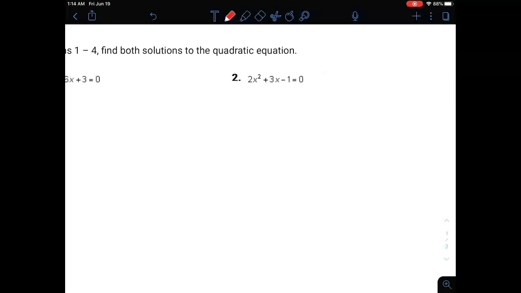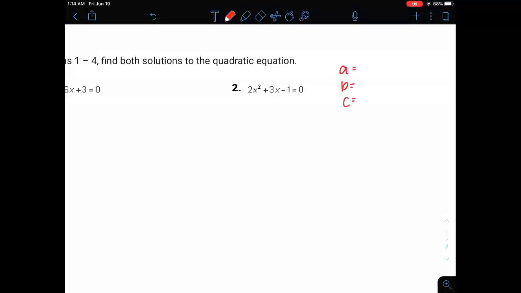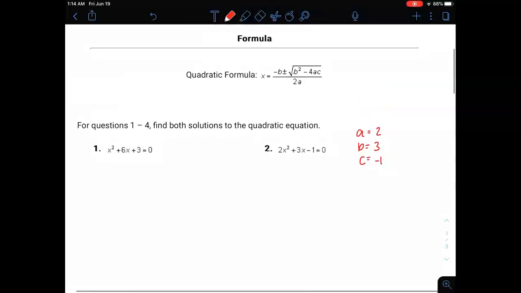So first off, after we've identified that this equation is in the right form and it's good to use, okay, we're going to identify our different parts of our equation. So we're going to identify what a, b, and c are. So a is 2, b is 3, and c is -1. And if I look here, all I have to do now is plug into my formula.